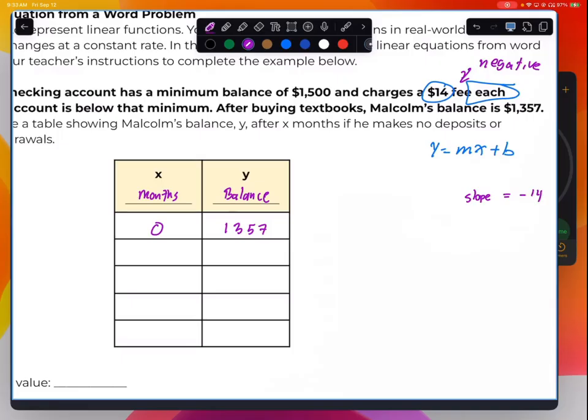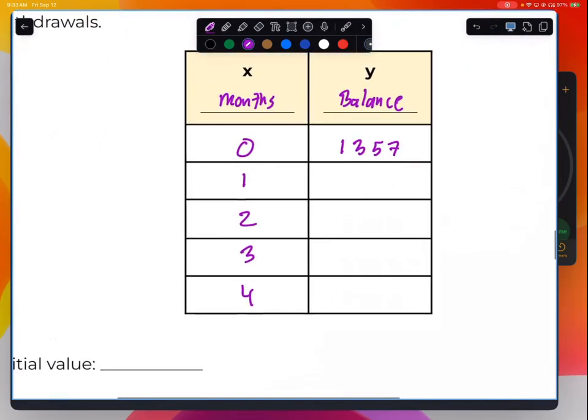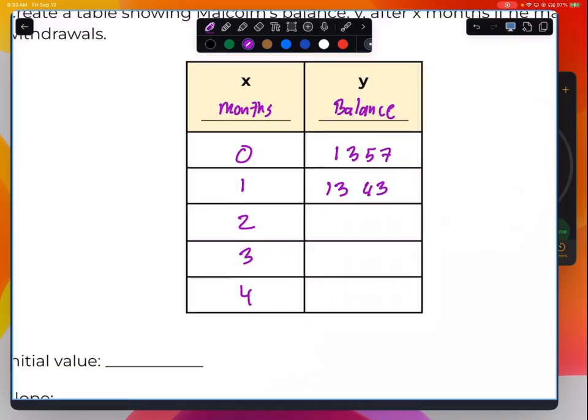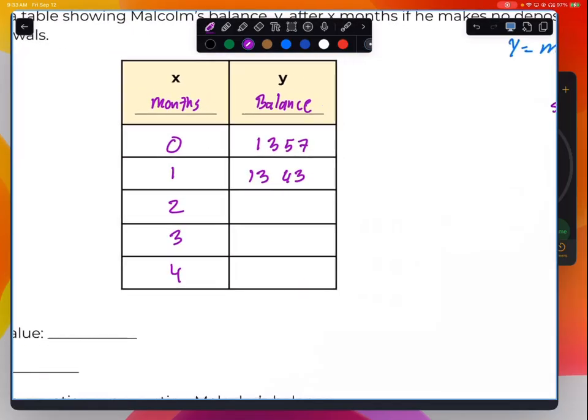So now we're gonna just go through the months. 1, 2, 3, 4. How much does he have after month 1? Perfect. Month 2. Now we got that by subtracting $14. 1,300 in. Close. 29.